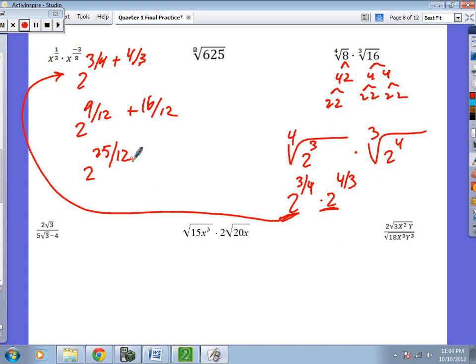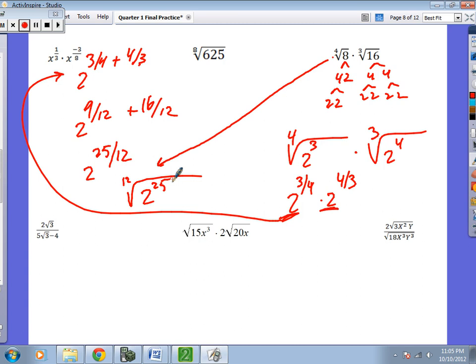And probably just because my problem started out in radical, I'm going to express the answer in radical form. So let's morph it. Let's go 2, the 12 goes here, and the 25 goes here. Now the 12th root of 2 to the 25th, you can pull out sets of 12.